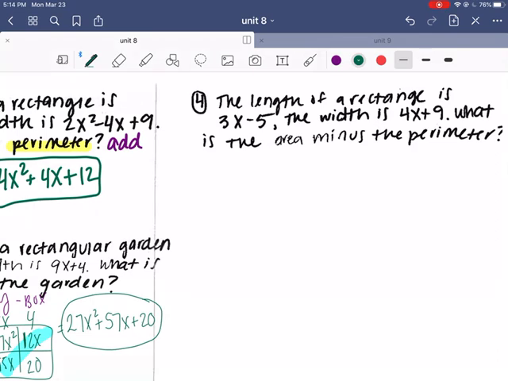And the last part is the length of the rectangle and the width of the rectangle. I want the area minus the perimeter. Whew, that's a doozy. So let's do both of these things, right? So area, let's do over here. Perimeter, let's do over here. For the area, you know you're going to need to do the box method.